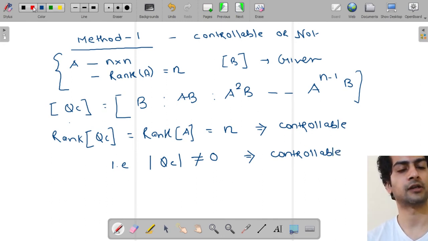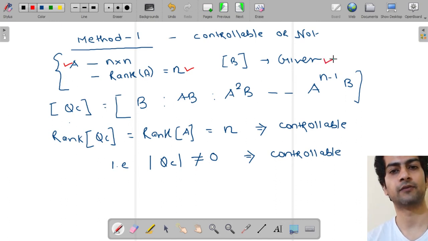I think this point is clear to you. We are having a matrix A of order n cross n, so its rank will be n. Matrix B will be given to you.